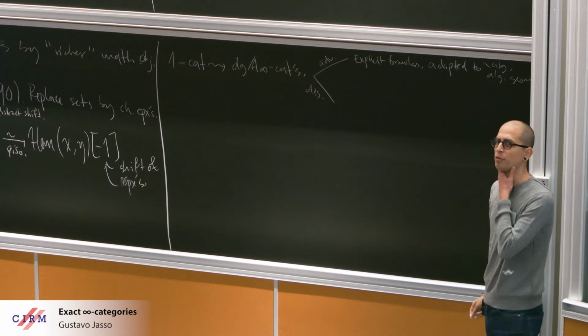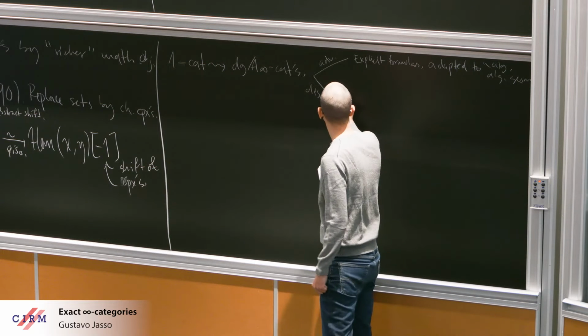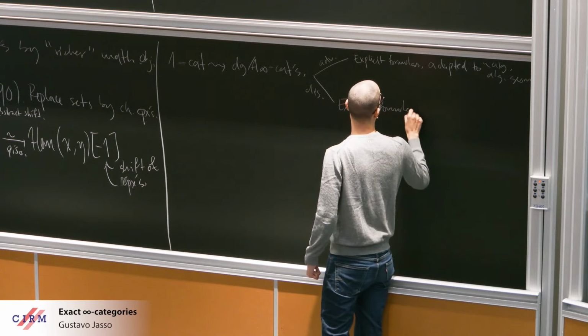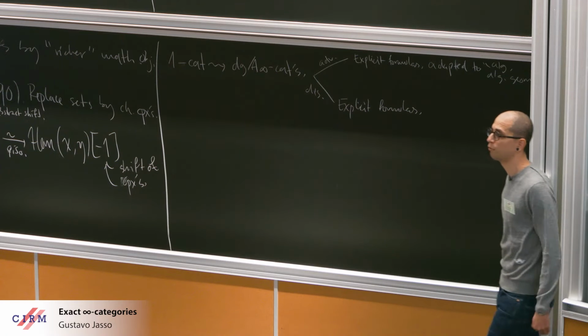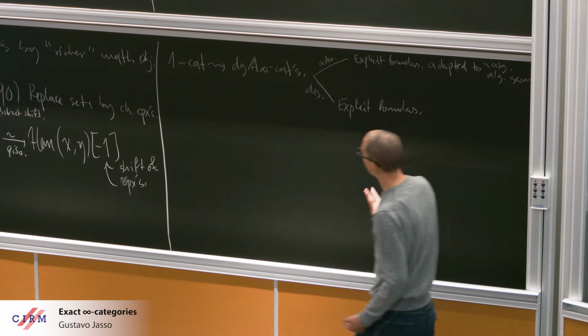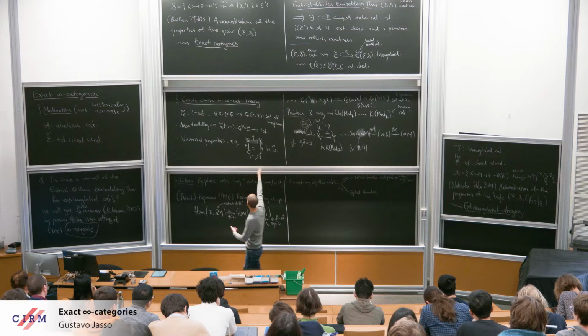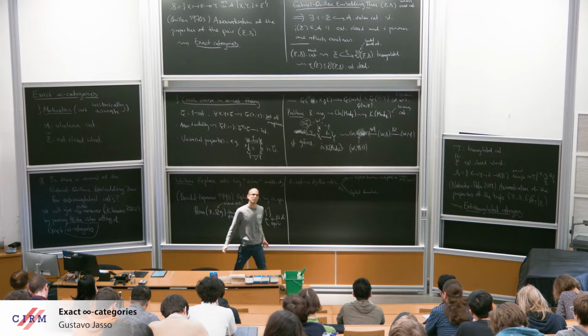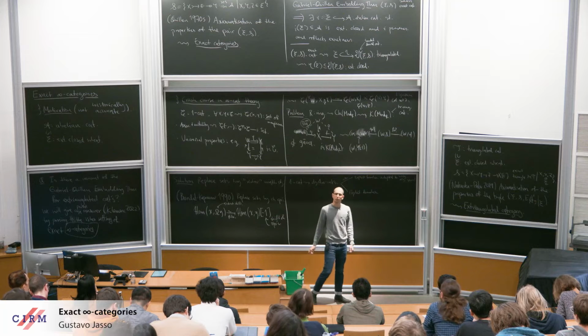Now, the disadvantages of this approach are that, for example, there are very explicit formulas, which makes it sometimes difficult to formulate categorical arguments using, say, diagrams and categorical intuition, but rather we need to translate this into formulas. And then finding what the correct formulas are may be complicated.